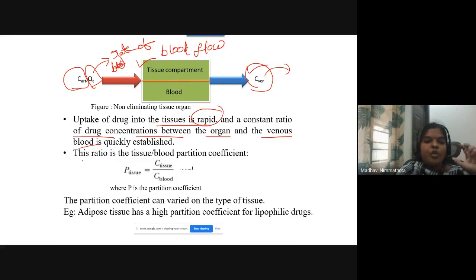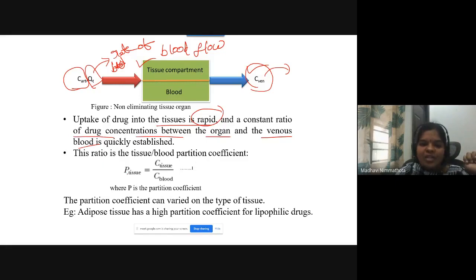And then you need to estimate here the partition coefficient. Why? Here we are observing that our drug is distributed between two different compartments. You just assume like that. One is the tissue compartment and the other one is the blood compartment.